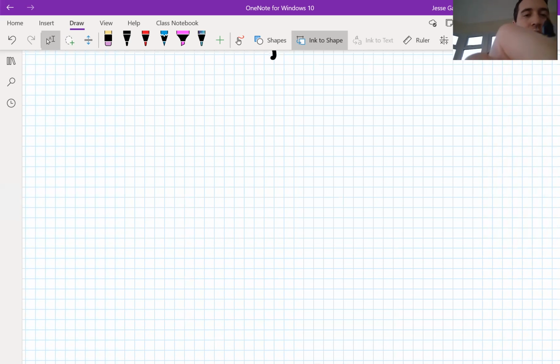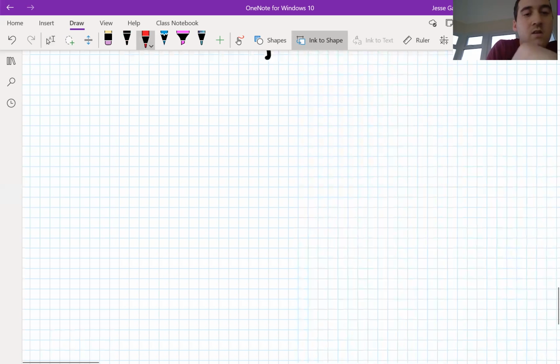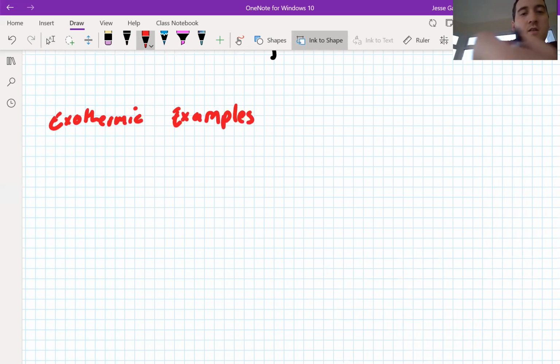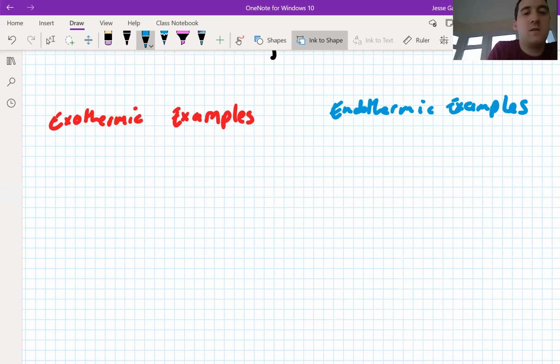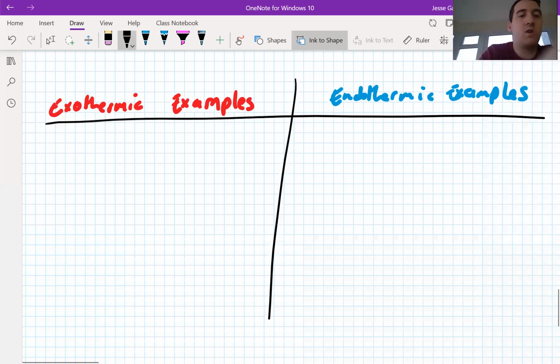So we're going to have exothermic examples, and we're going to have endothermic examples. Just so that we're aware there's more than just one or two.